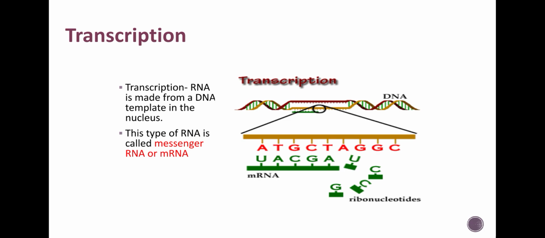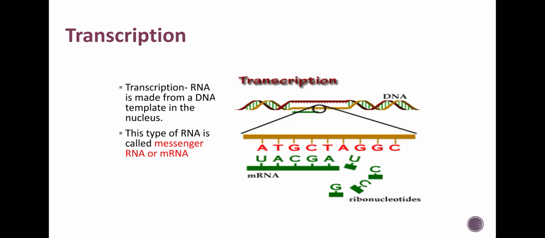RNA molecules found in human cells are categorized into 5 major types, distinguished by their function. These 5 RNA types are heterogeneous nuclear RNA or hnRNA, messenger RNA or mRNA, small nuclear RNA or snRNA, ribosomal RNA or rRNA, and lastly, transfer RNA or tRNA.